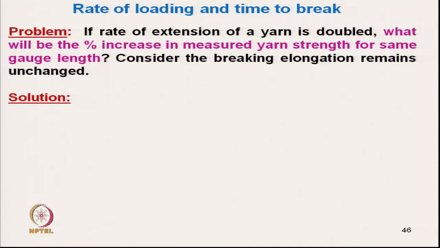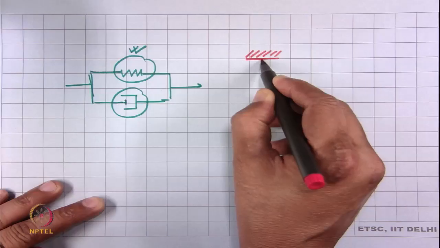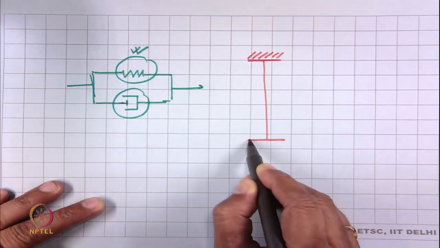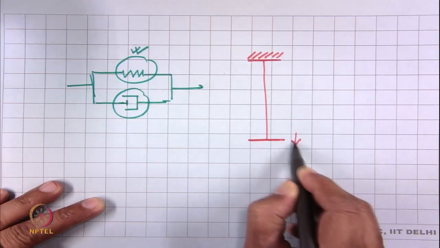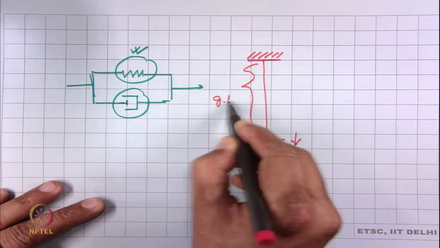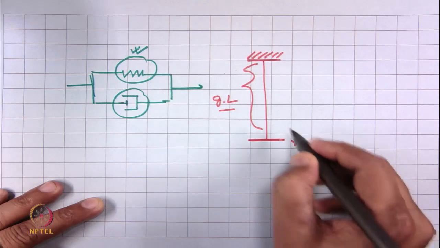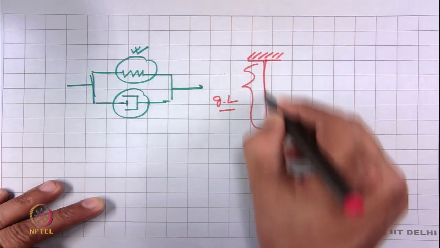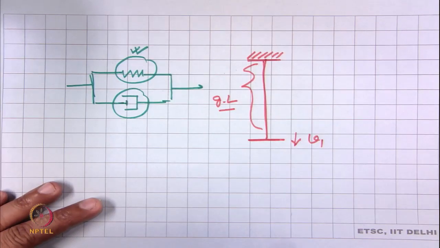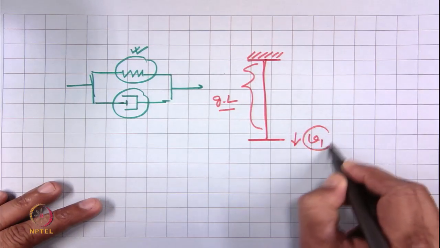The problem is like this: this is the yarn, and this is the moving jaw. This gauge length we are not changing. At this gauge length, suppose the speed was v, so the rate of extension was v.